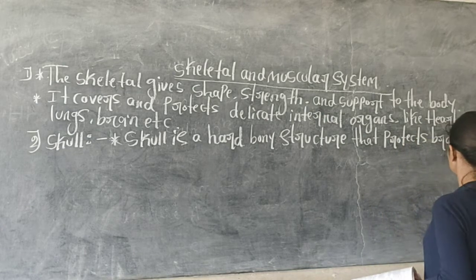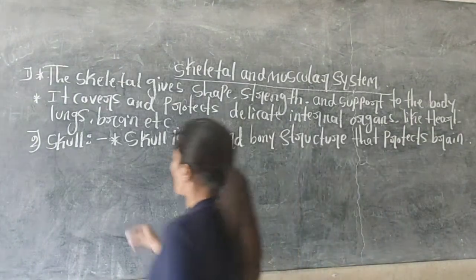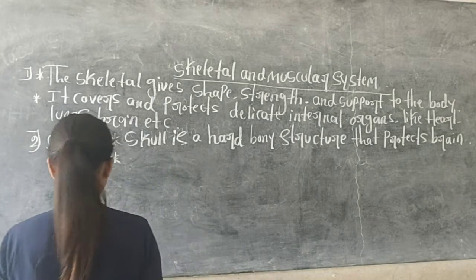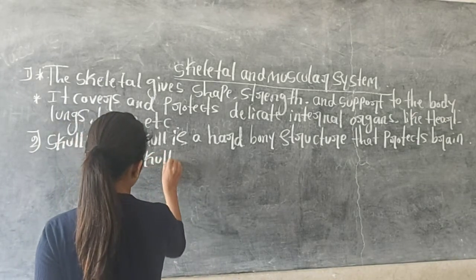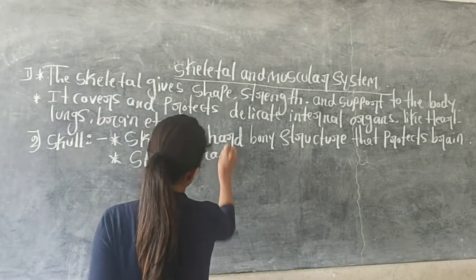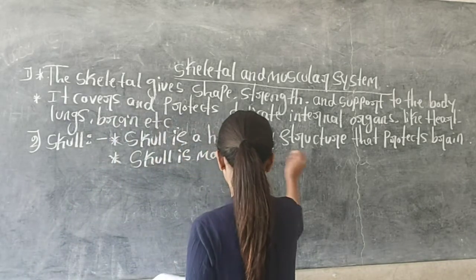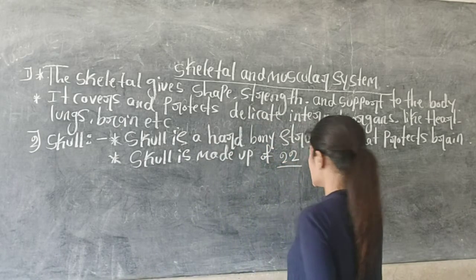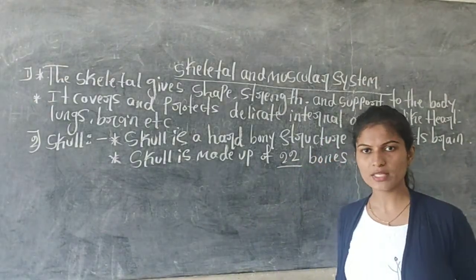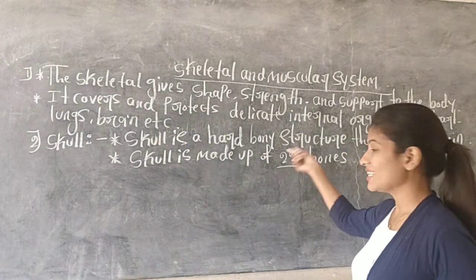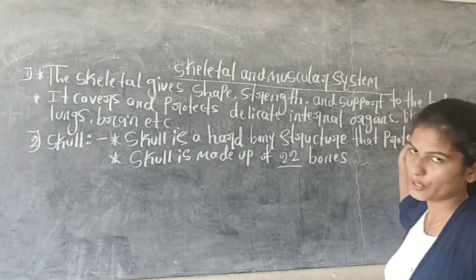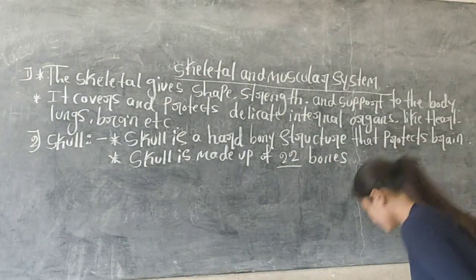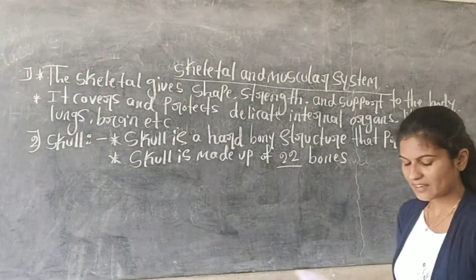This is the first point. So what is the skull? The skull is a hard bony structure that protects our brain, and the skull is made up of 22 bones.